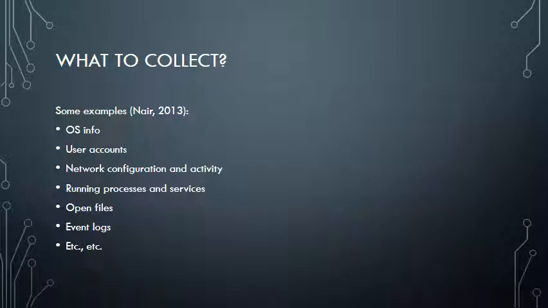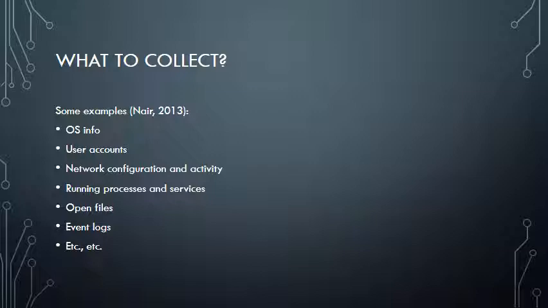What information should you collect in a live response? Well, Nair's 2013 paper gives a fairly comprehensive list, of which a small sampling includes operating system info, such as hardware, software that's installed, exactly which operating system it is, things like that. User accounts, including users that are actually created for that machine and which users are currently logged into the system.